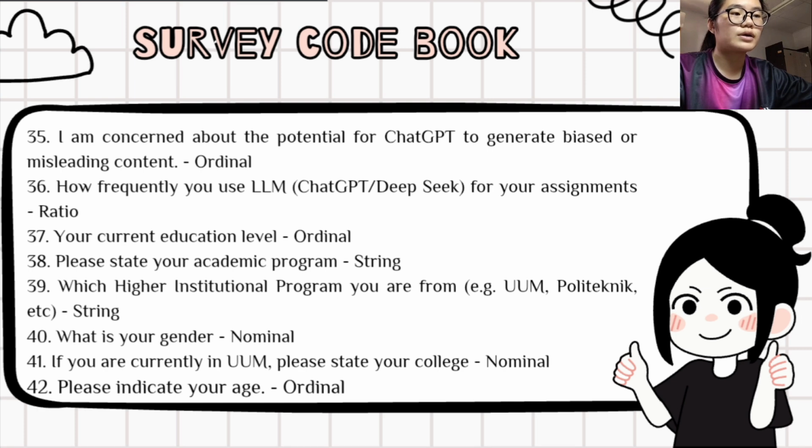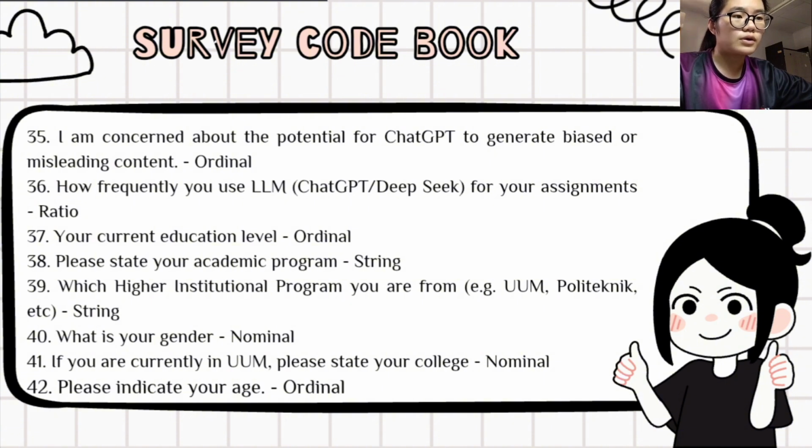And for question 37, the current education level is in ordinal, that is, we can choose matriculation, SLC, diploma, or degree. And for question 38 and 39, it is in string form, that we need to enter our academic program and the higher institution program the respondents are from. And for question 40, it is in nominal, that can be chosen female or male.